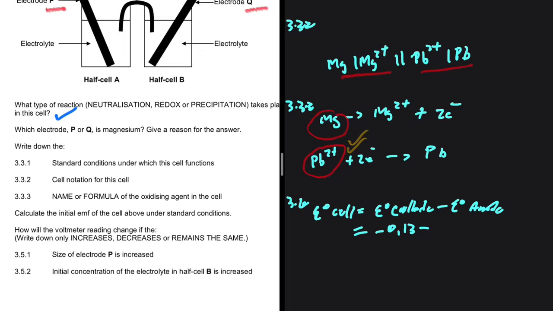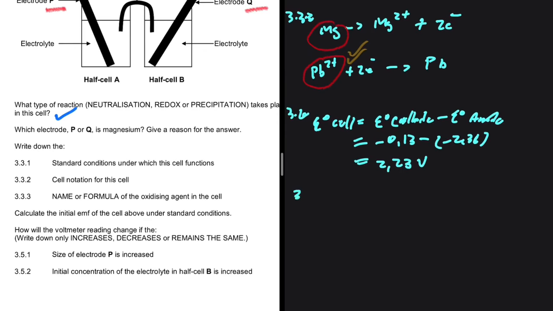At the anode, we have magnesium, that is minus 2.36. If you put that in your calculator, you should get 2.23 volts as the initial EMF of the above cell under standard conditions.